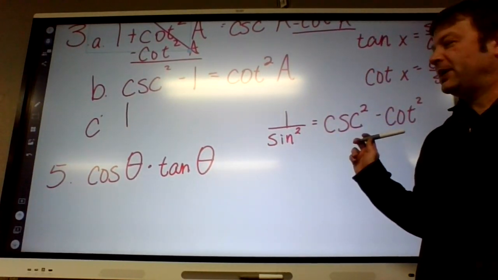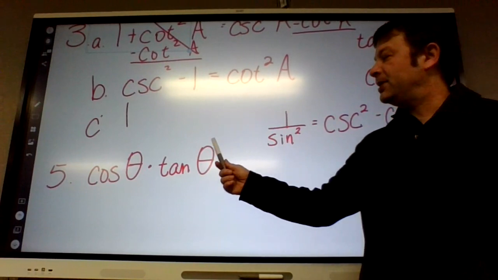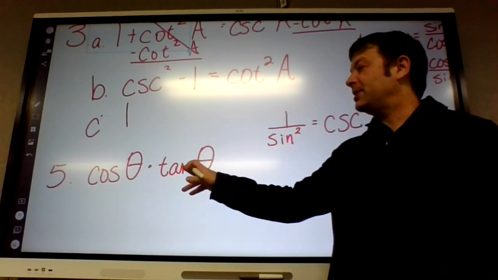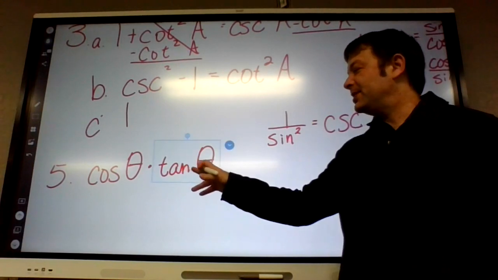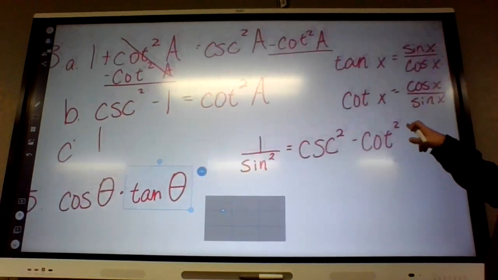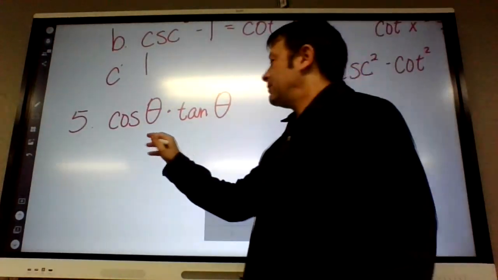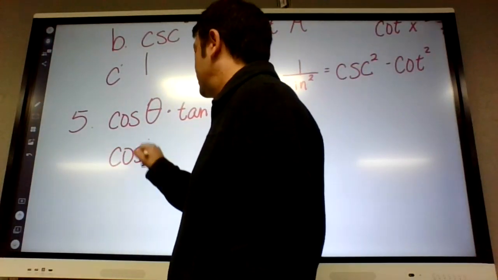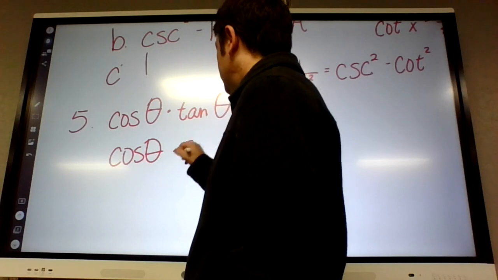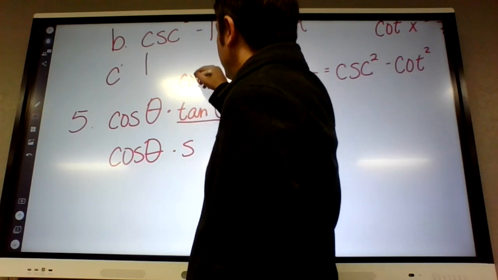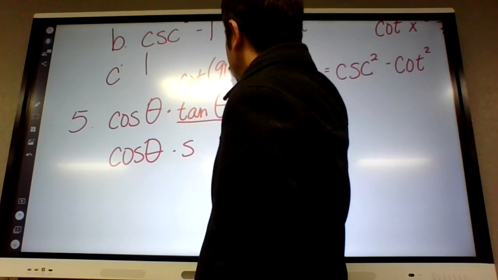So how do you multiply those together? Basically, if you can, you want to try to turn everything into sine and cosine. What's tangent turn into? Sine over cosine. So if we multiply cosine, okay, what it started out as is this.